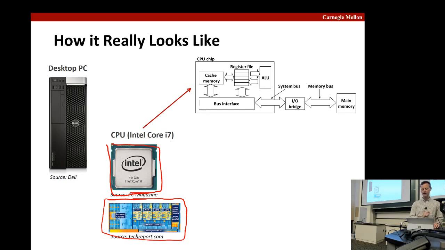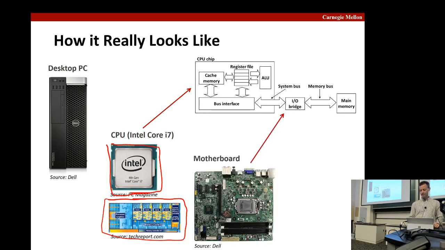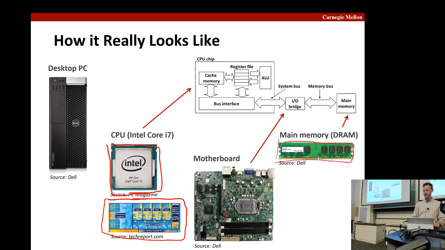We'll see a close-up of that on the next slide. So that's within the chip. Then the whole system that includes these buses and a lot of other things is all part of one motherboard. It looks like that. And then the DRAM is in these DIMMs that look something like that.